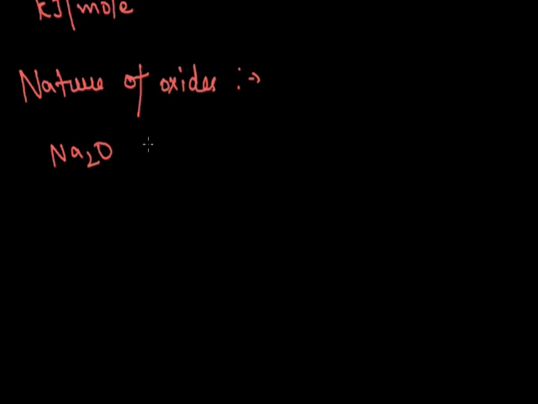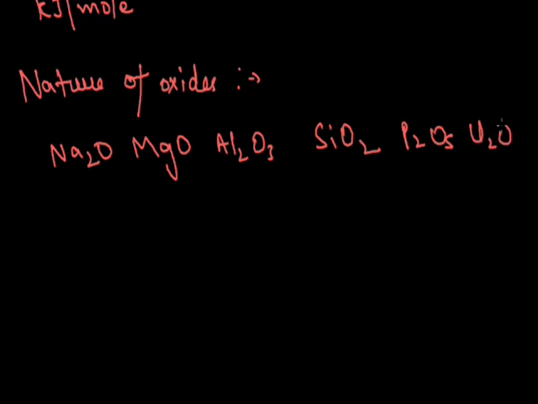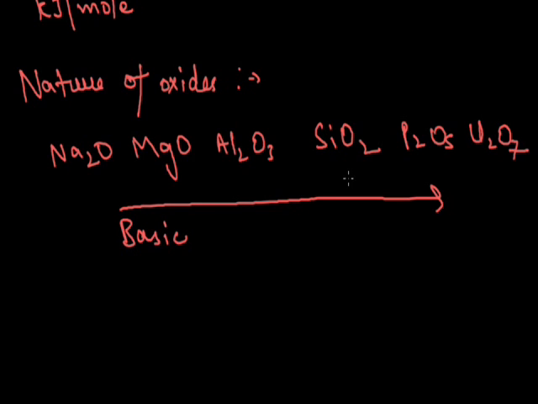We will do this with the help of an example: Na2O, MgO, Al2O3, SiO2, P2O5, Cl2O7. So on going left to right in a periodic table, the nature of oxides gradually changes from basic, in case of alkali metals, to acidic. Means Cl2O7 is an acidic oxide, Na2O and MgO are basic oxides.